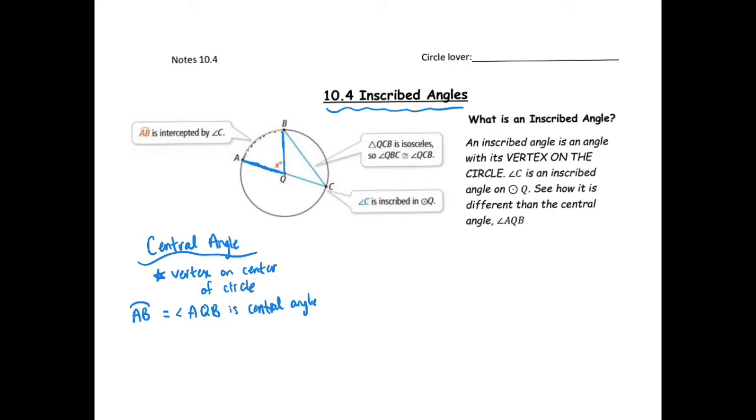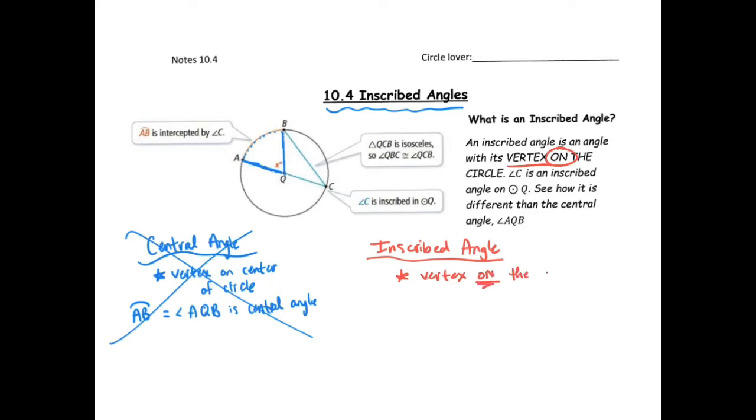So central angles are old. We're not doing those today. Today we're going to be learning about inscribed angles. Inscribed angles, they're going to have their vertex on the circle. So with the inscribed angle, we're looking for a vertex on the circle.